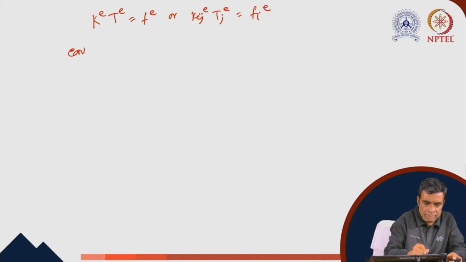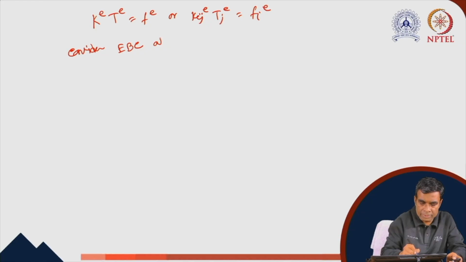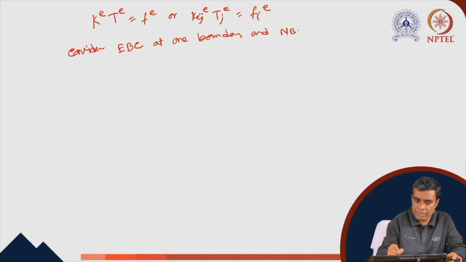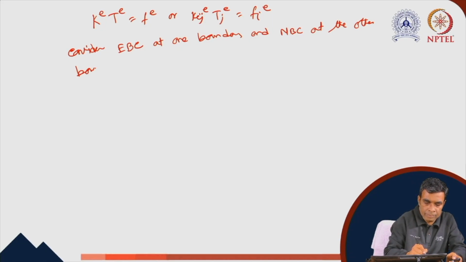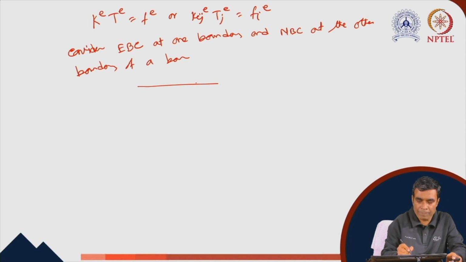So consider EBC at one boundary and NBC at the other boundary of a bar. So let us take one bar of 1 unit.